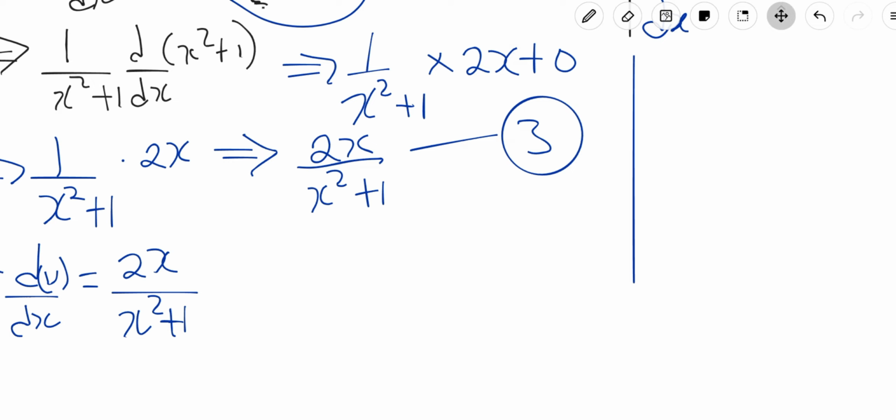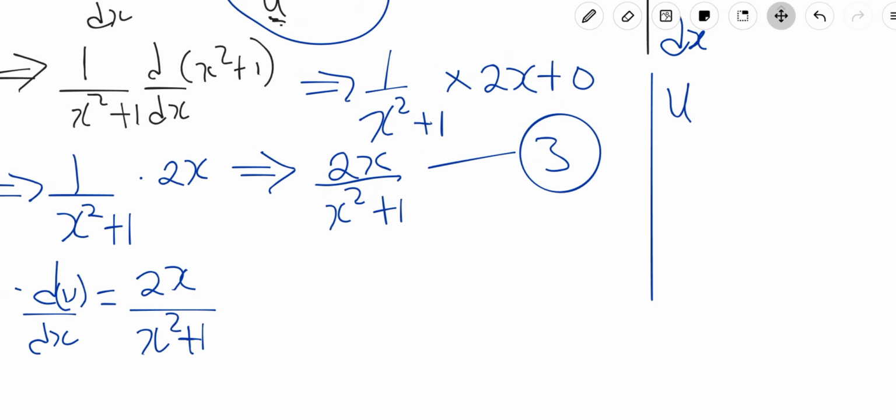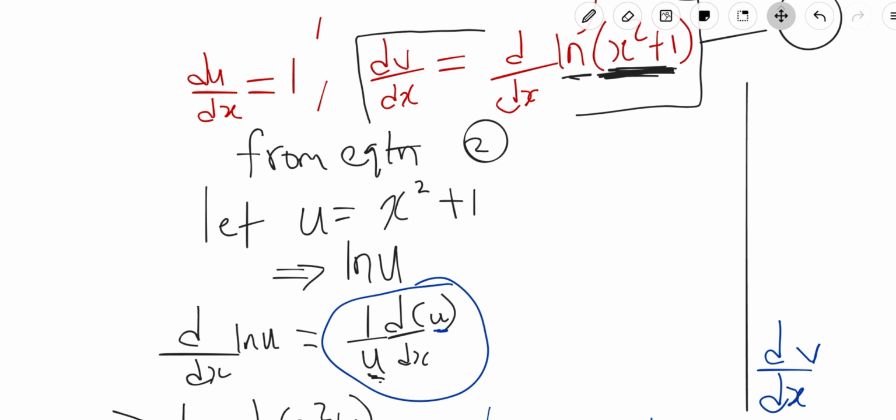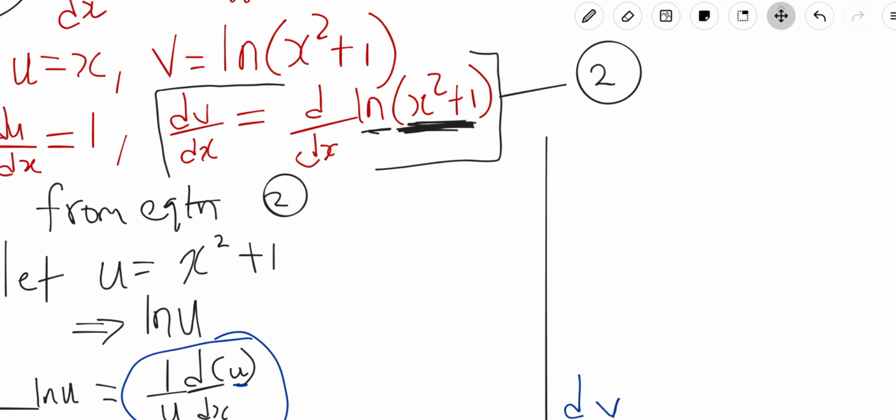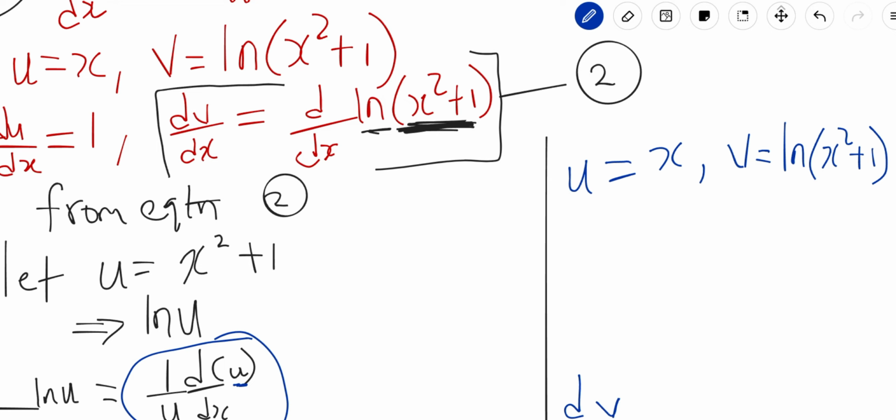For reference sake, I'm just going to put it down here again. Our u was equal to x, our v was equal to ln (x squared plus 1), and then our du/dx is equal to 1.